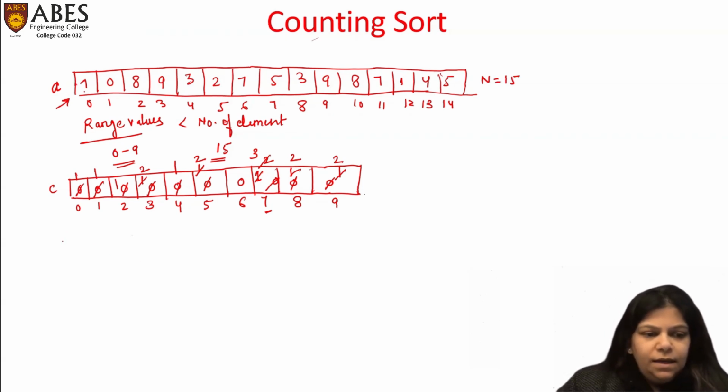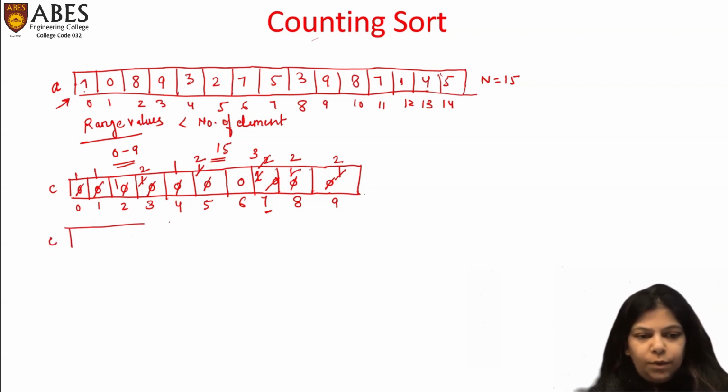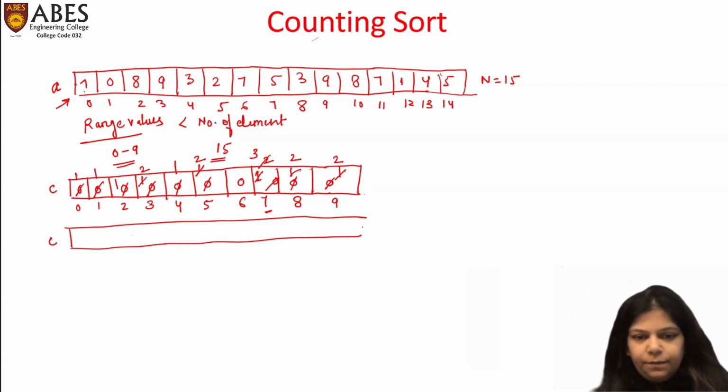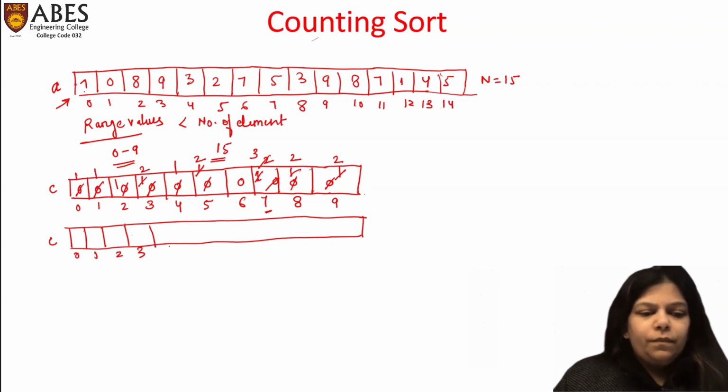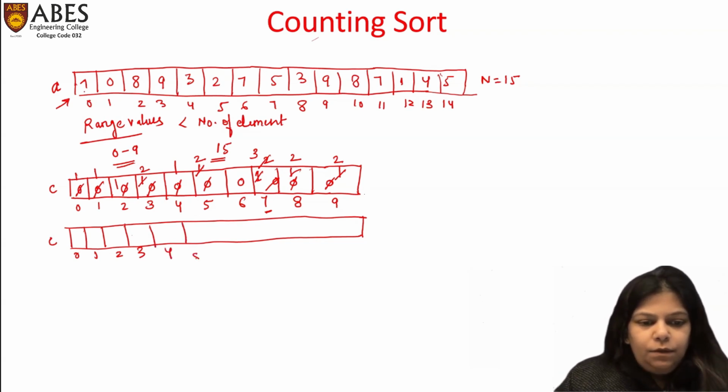Now, let us reconstruct this counting array so as to store the cumulative frequency. So let me just reconstruct this array, and the elements will be stored at the indexes 0, 1, 2, 3, 4, 5, 6, 7, 8, and 9.